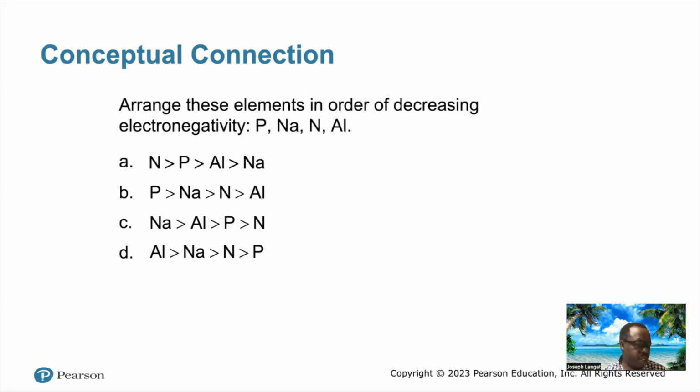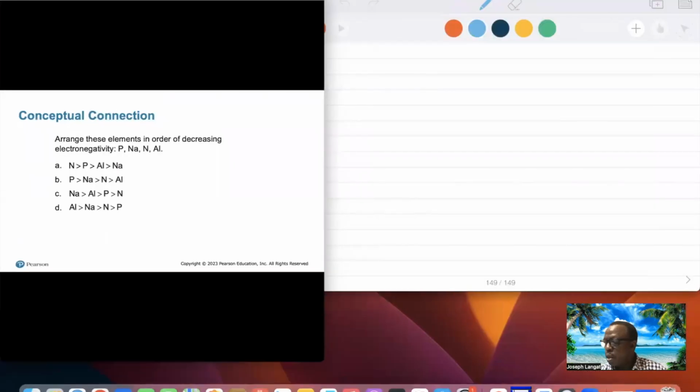So the correct answer is, for decreasing, nitrogen is greater. This sign means greater, and you shouldn't forget the other means less than.